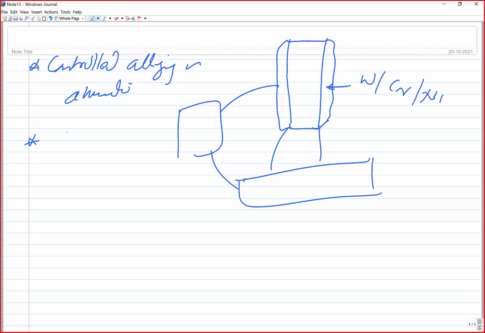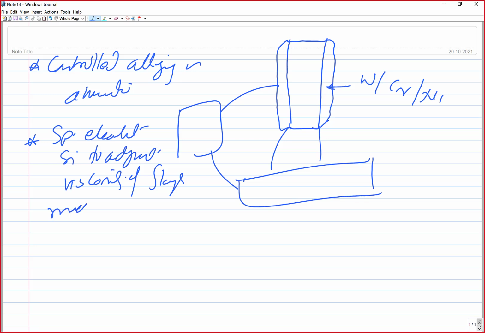So we add those alloying elements with the flux coating, so that during welding, with the arc heat, they will also melt and mix with the weld metal. As I said, sometimes we add certain specific elements like silicon to adjust the viscosity of the slag and molten metal.